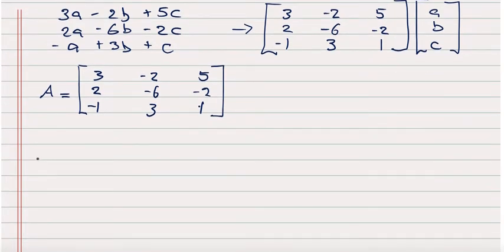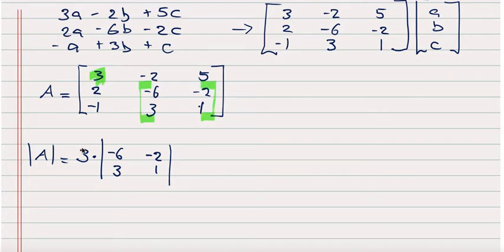And if we want to do the determinant of A, what we can do is say the 3 times the determinant of negative 6, 3, negative 2, 1. So it's A and these guys in here.